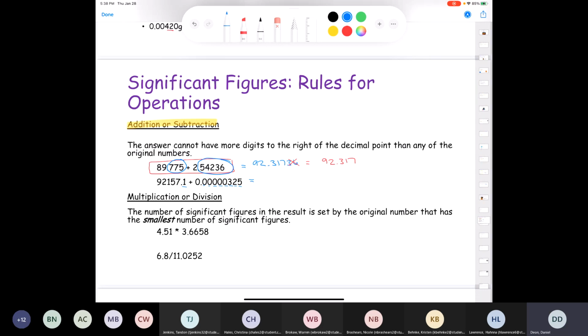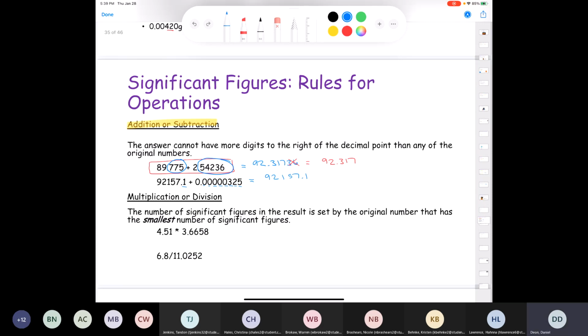Could anybody tell me how many decimal places will there be in my final answer? And it's not a trick. Yeah, thanks everybody. The answer is 1. So if I take these 2 numbers and I add them together, you find that I still get 92,157.1 as my final answer because I can only have 1 decimal place.